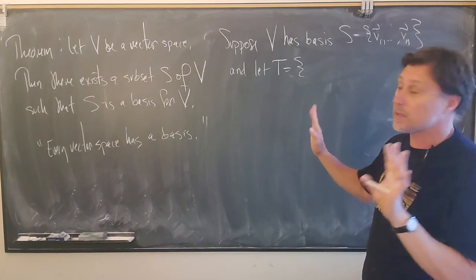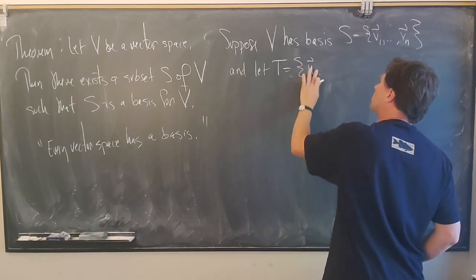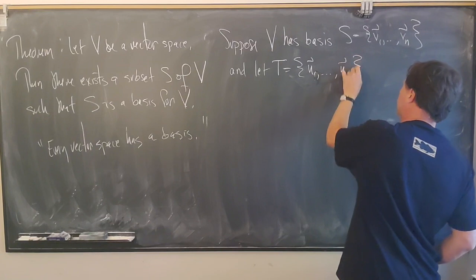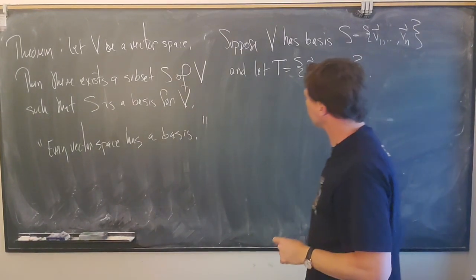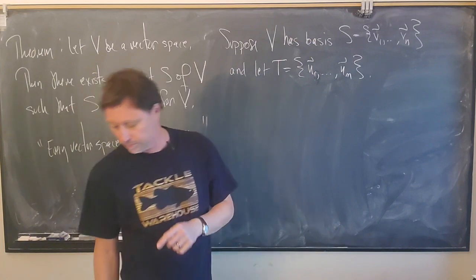I'm not claiming that this is a basis here. Let T be the set of vectors U1 up through U sub m. So it's just some collection of vectors living inside V.